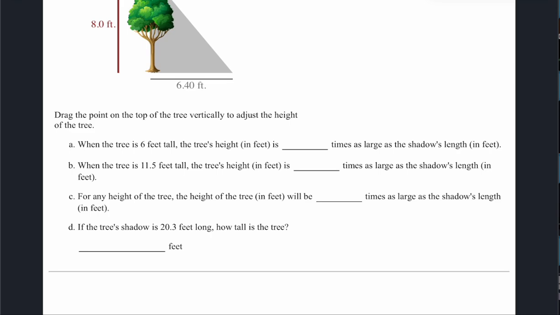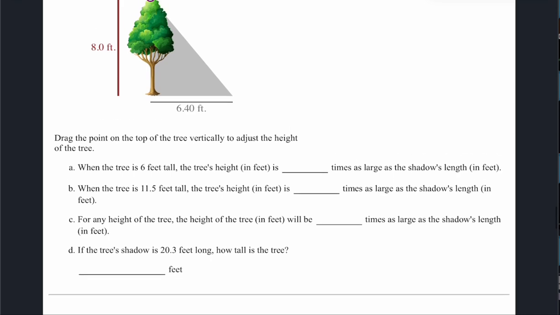So let's say that, like mine, it's 8 feet and 6.4 feet. What's interesting is that proportionality is always true. So what you can do here, and you'll have the little applet to drag, just do what they say.